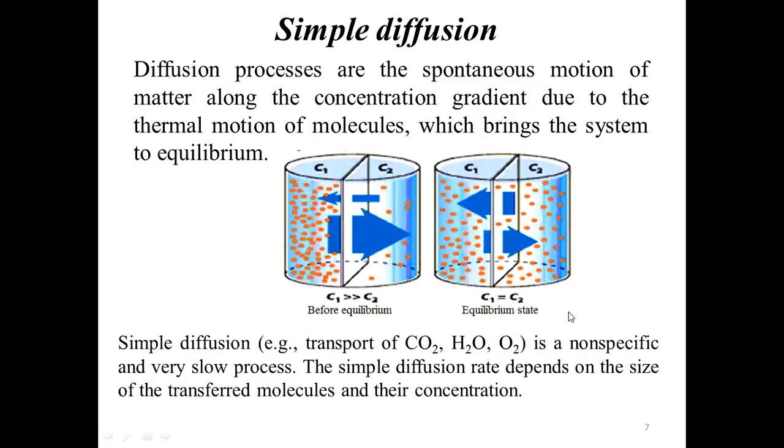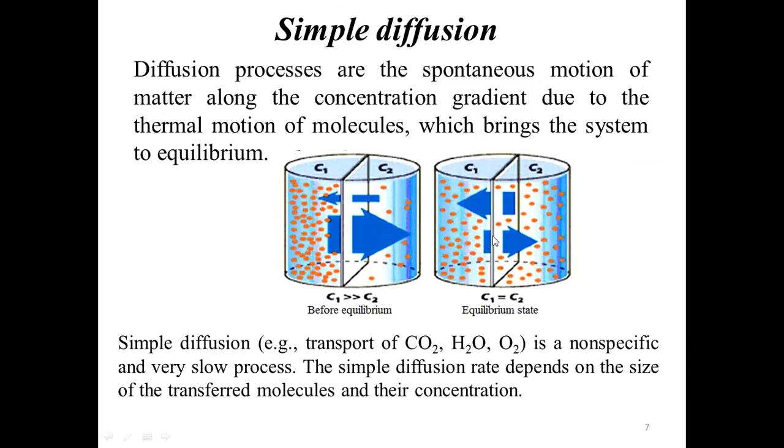Diffusion processes can be presented as a spontaneous motion of matter along the concentration gradient due to thermal motion of molecules, and this brings the system to equilibrium. As you can see in this picture, the initial state and equilibrium state.